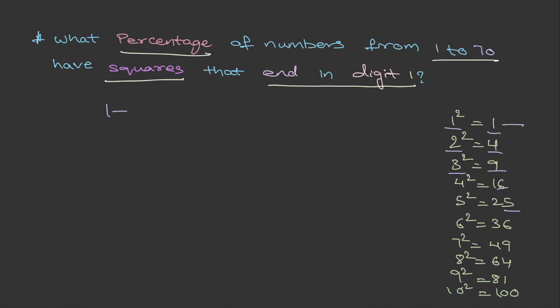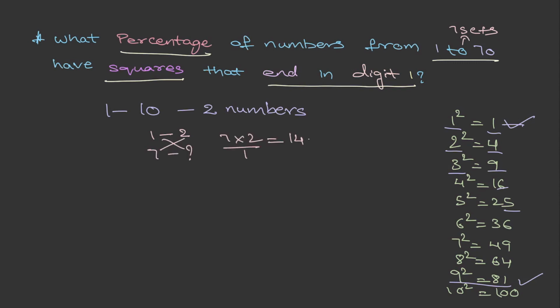In the question, they've asked us how many numbers like this end with digit 1. If we take from 1 to 10, 1 square ends with 1 and 9 square ends with 1. So from 1 to 10, there are two numbers following that particular case. 1 to 70 can be made into 7 sets. So if one set has 2 members, then 7 sets will have 14 numbers.